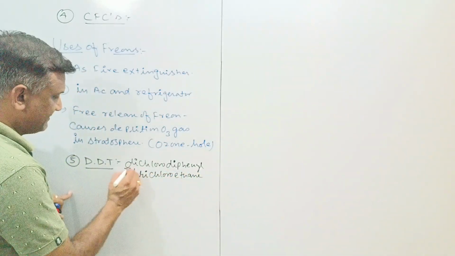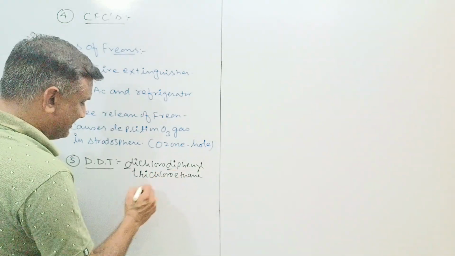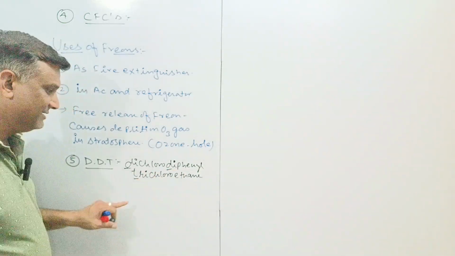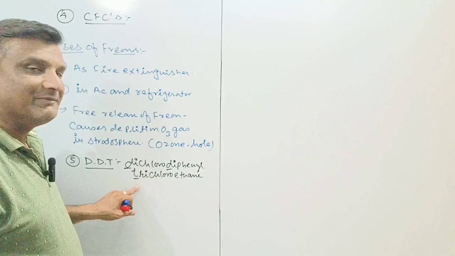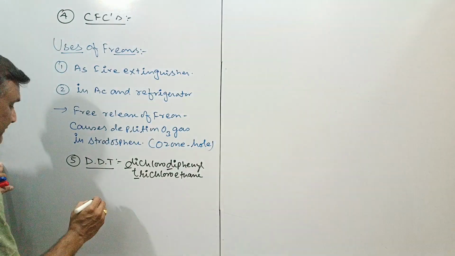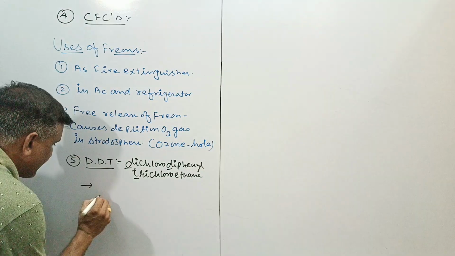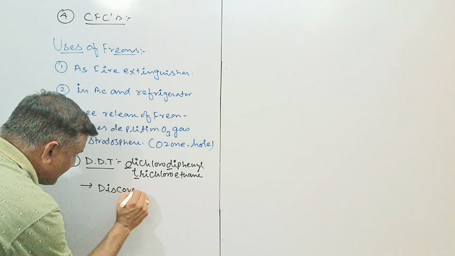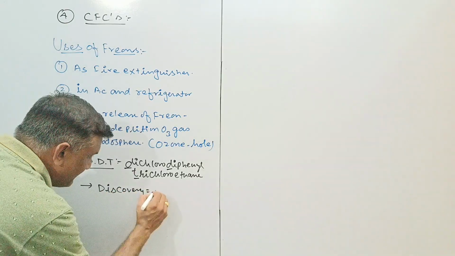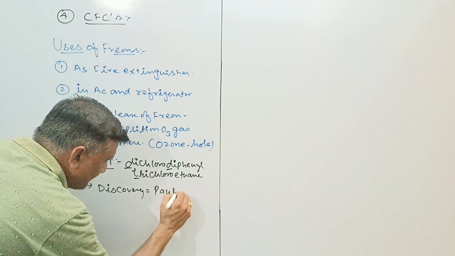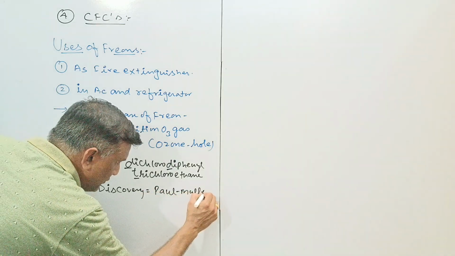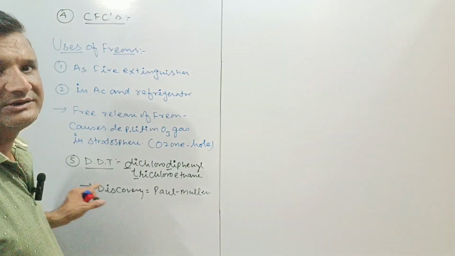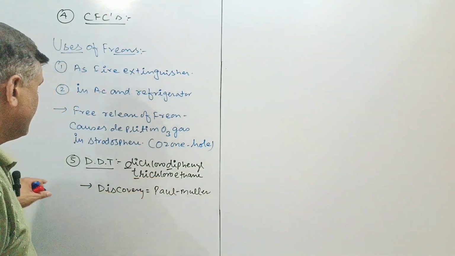This is the D, dichloro, diphenyl D again, and trichloroethane. From trichloroethane it will be T. If we go with the discovery, then it was discovered by Paul Muller. Paul Muller was the scientist of DDT.